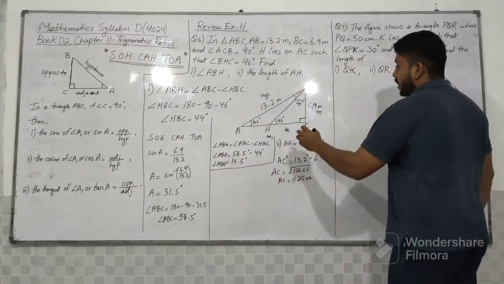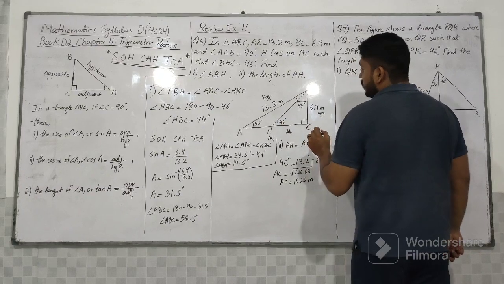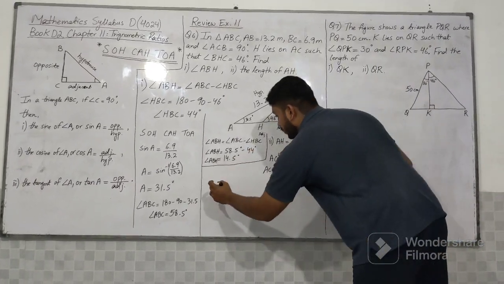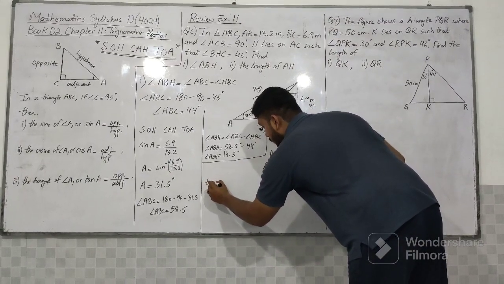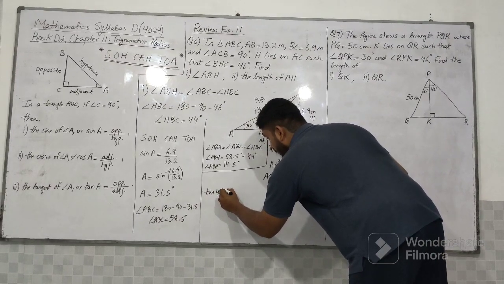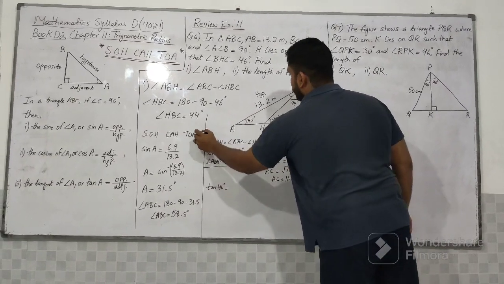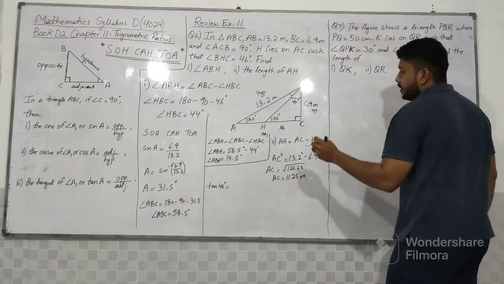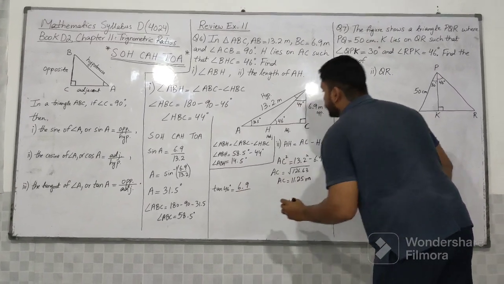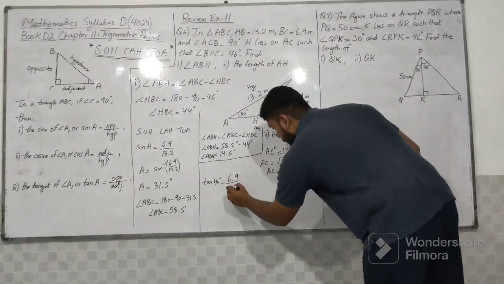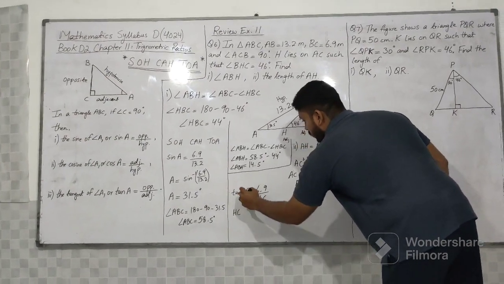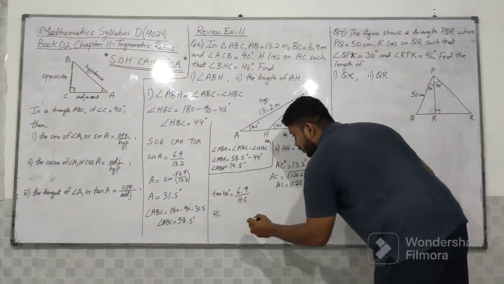Thus tan of angle H, which is 46 degrees, equals opposite over adjacent, because we are taking this as adjacent. So opposite is 6.9 and the adjacent will be HC. So HC, you will change the places of these two.